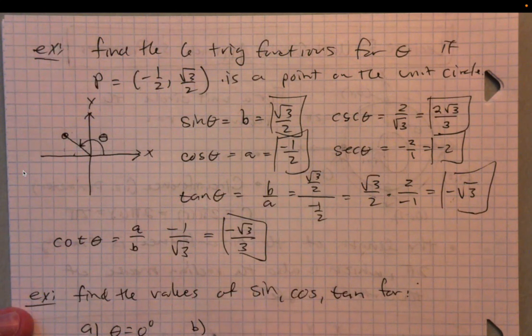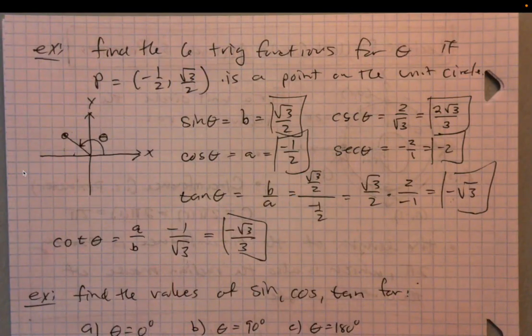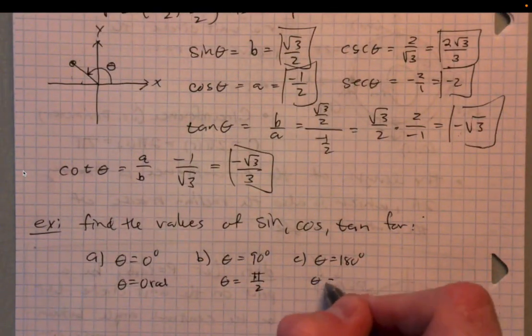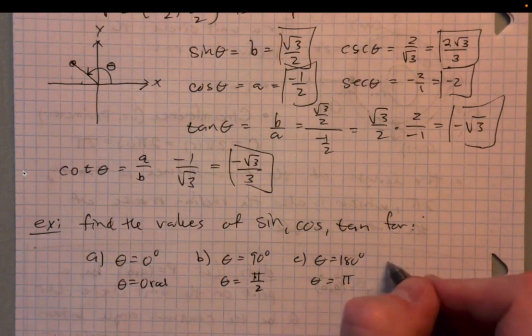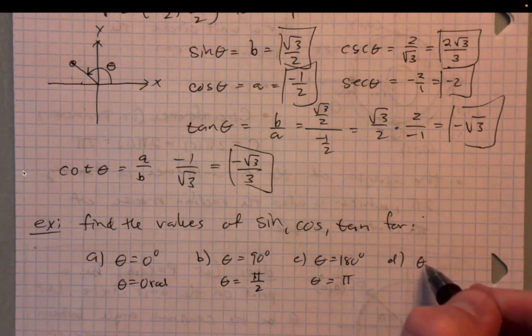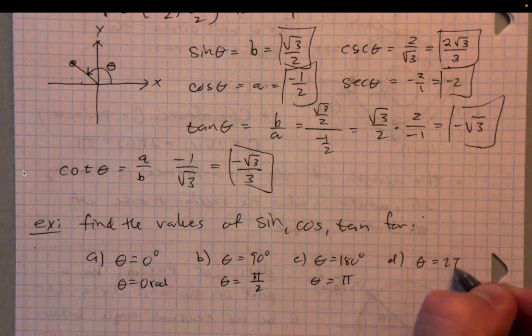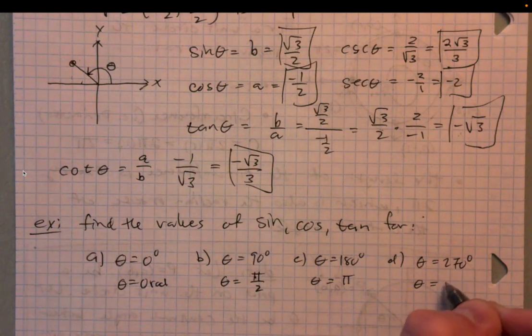B would be theta equals 90 degrees, same as theta equals pi over 2 radians. C is theta equals 180 degrees, which is theta equals pi radians. And then the last one we'll do is theta equals 270 degrees, which is 3 pi over 2 radians.